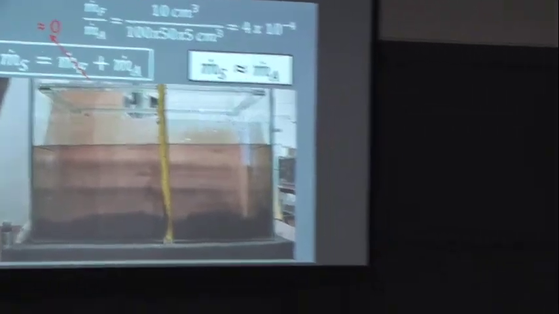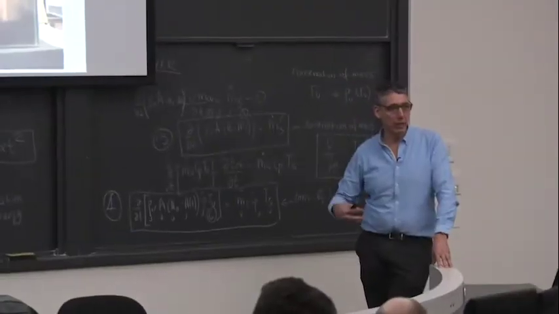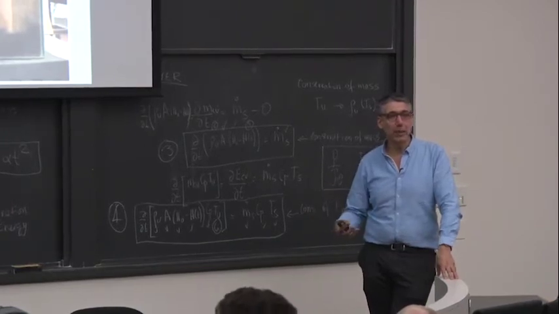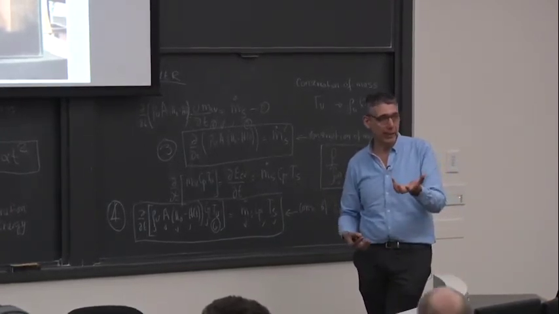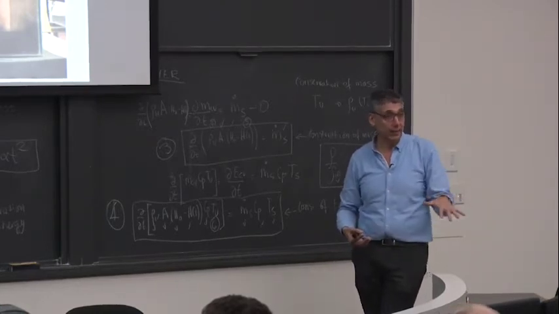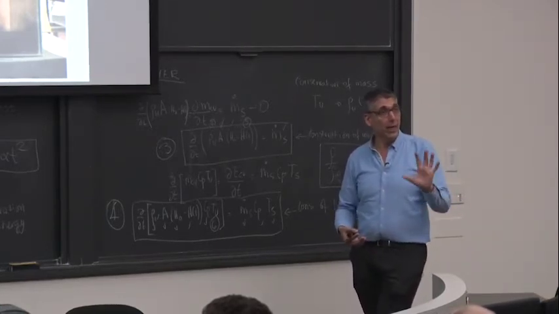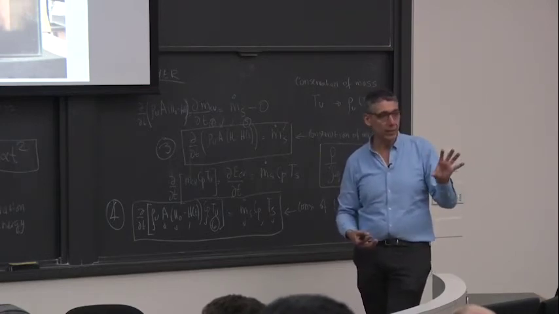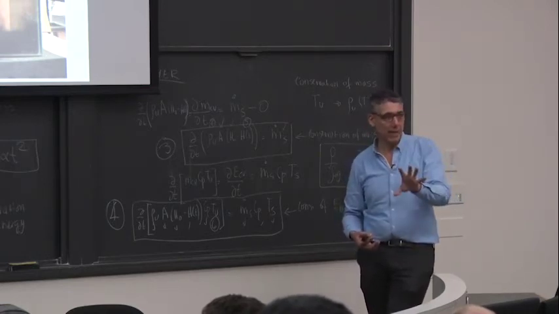In practice, I still need to do another trick, and the reason is that MA is very complicated. MA is going to actually change with the height. So it's not that I have another unknown, it's just that I have no means to calculate MA.